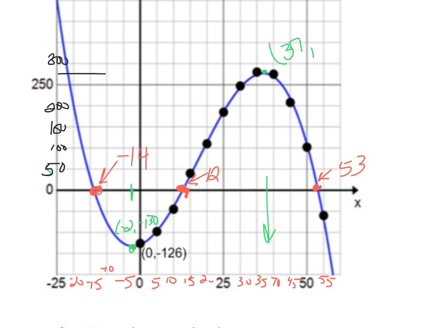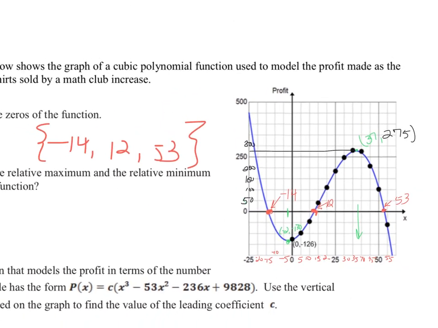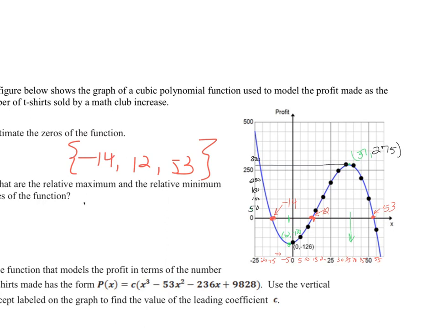So it's in between 250 and 300. So I said 275, but anything close to that would work. So I wrote my min is negative 2, negative 130, and my max is 37, comma 275.